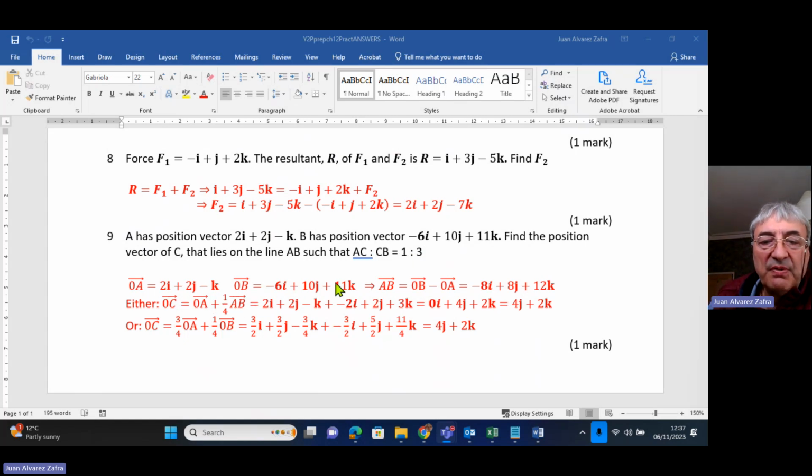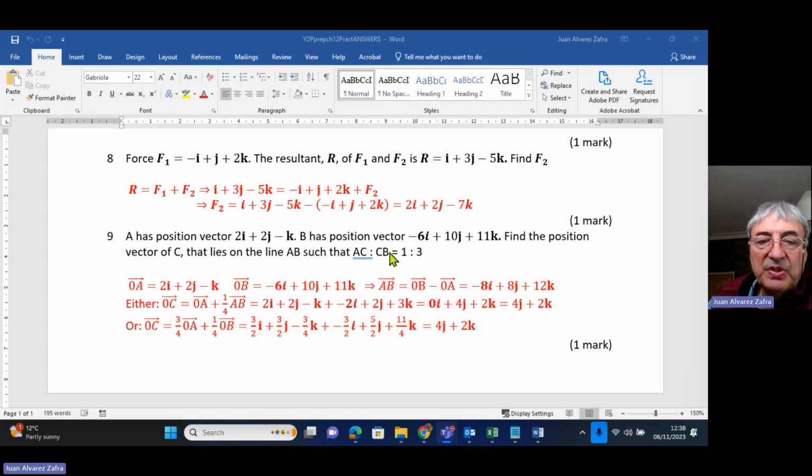We can work out the vector AB going from A to B by doing the vector of B minus the vector of A, which is your standard formula that you should know for the vector from one point to another. And then if we want the position vector for C, we want to go from O to A, and then we need to travel the correct proportion of this vector we've just found out, which is AB.